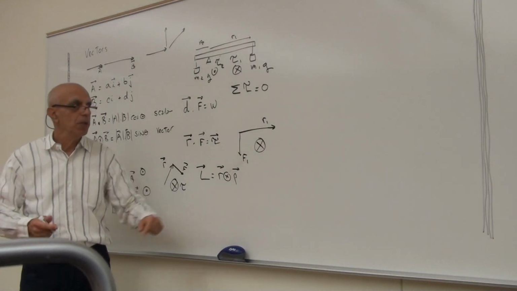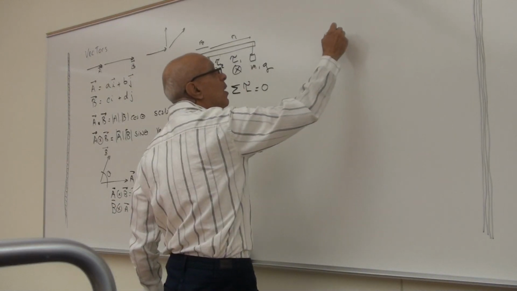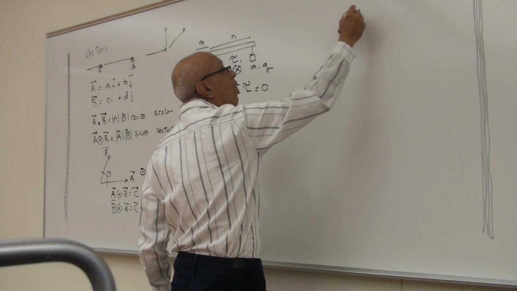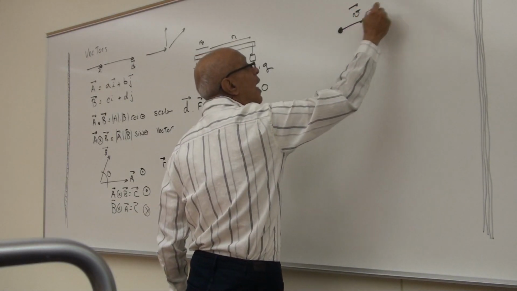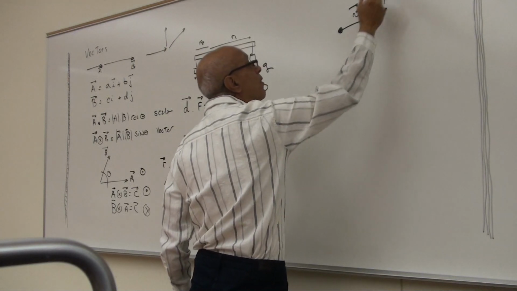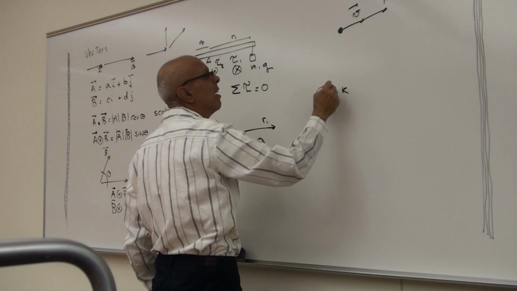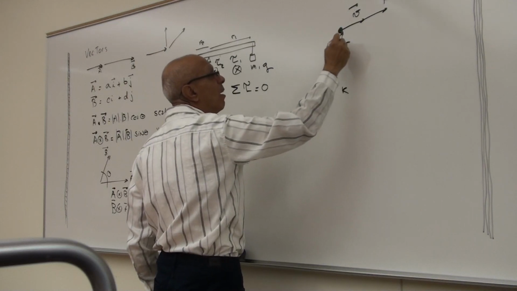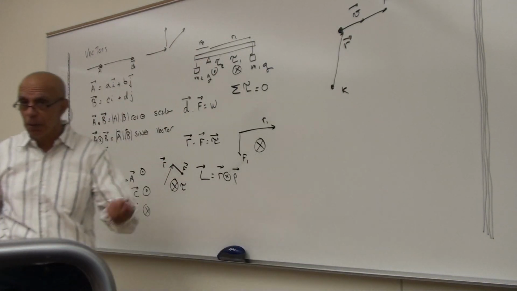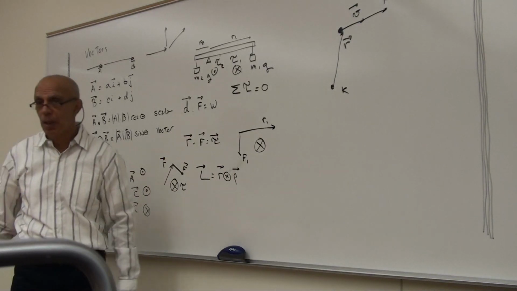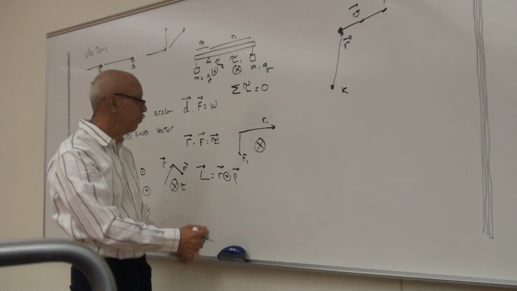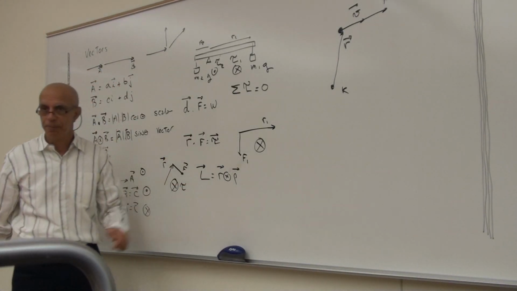So if I have a mass here somewhere with velocity, it also has linear momentum, and if I have a reference point here, this point K, and this is R, the angular momentum here is going to be this product.